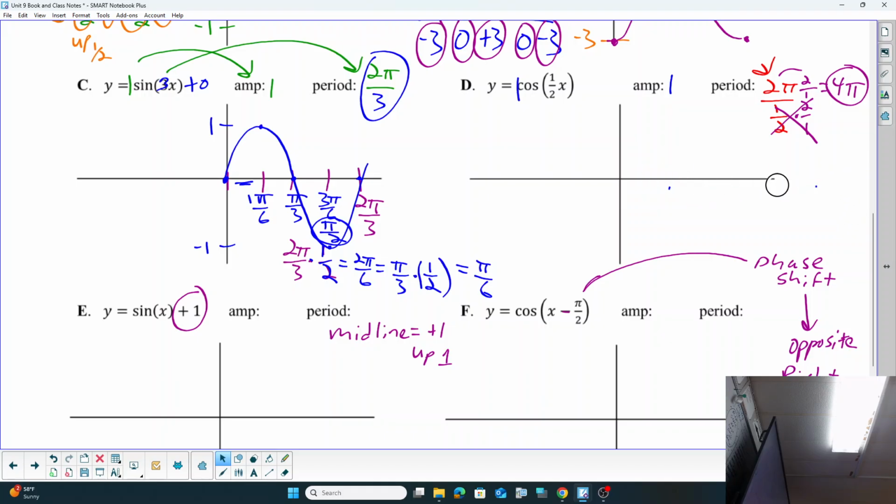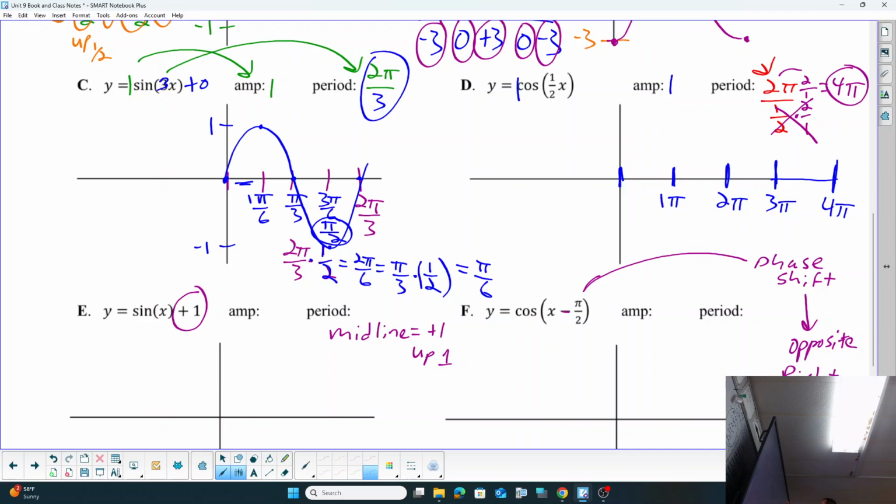Okay, so we're stretching it. So here we go, let me try that again, stretching it. So 1, 2, 3, 4, 5. So all the way to 4 pi is really stretching that sucker. So this must be 1 pi, 2 pi, 3 pi, 4 pi.